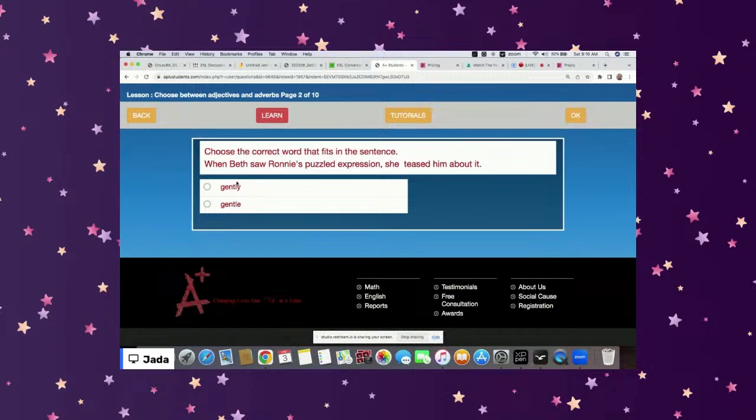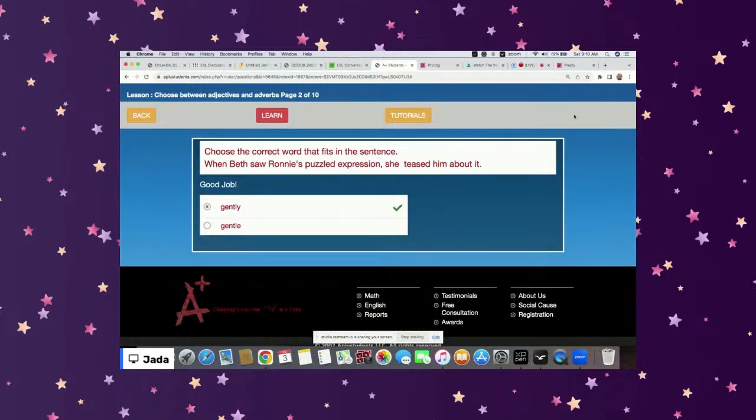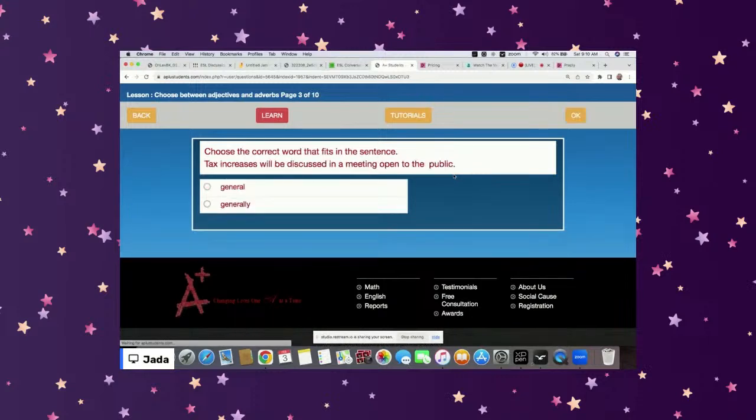Okay, so this was in the tutorial, so I'm just gonna click on gently. Then tax increase will be discussed in a meeting open to the dash public. Generally public or general public.